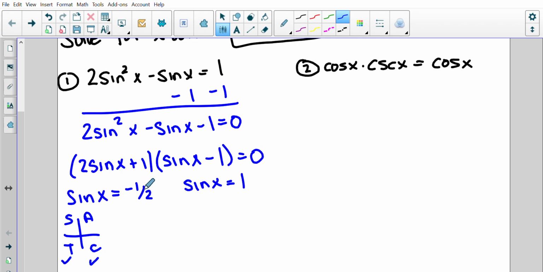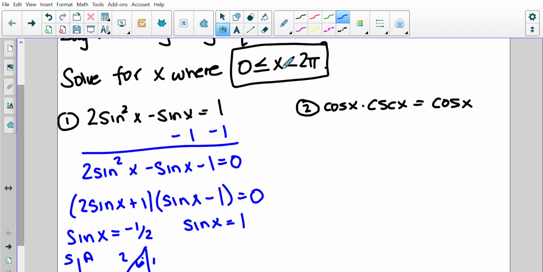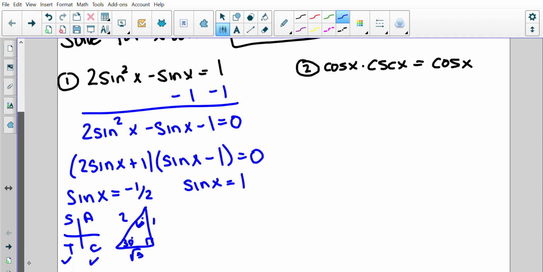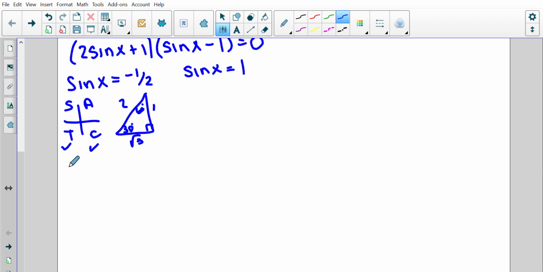And then the 1 over the 2 should remind you of your 30, 60, 90 triangle. The angle when I take sine, opposite over hypotenuse, that gives me 1/2 is 30 degrees. But again, remember, we are working in radians. So 30 degrees in radians is going to be pi over 6.